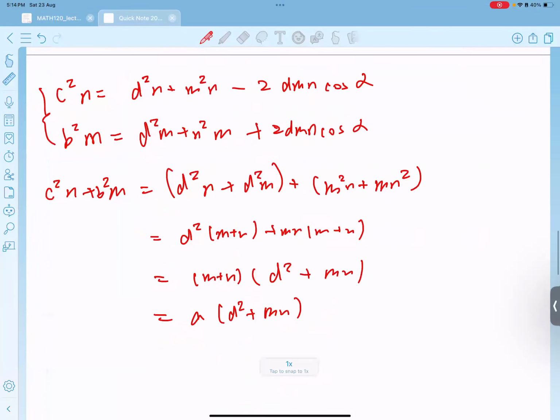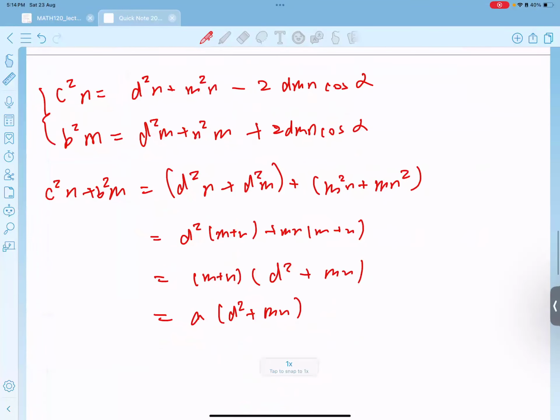So if you have, it's not really a triangle, so let's say you have a line segment BC, and you have points A and D. Then we say AD is perpendicular to BC if and only if AB squared minus AC squared equals BD squared minus DC squared.